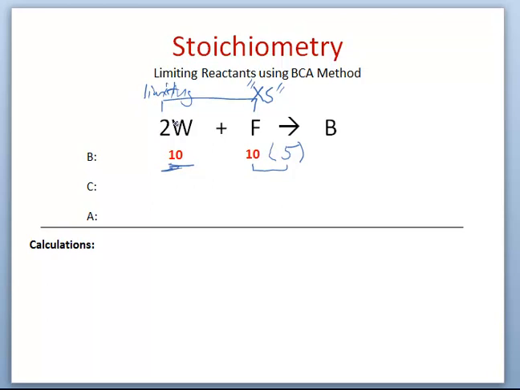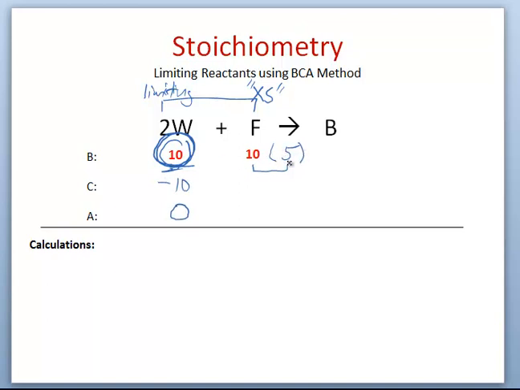Okay, and if the wheels are limiting, then this is the compound that we're going to use to determine all of the other amounts. Okay, and by definition, if the wheels are limiting, we will use all of them up during the course of the reaction, so there will be 0 wheels at the end. We will have run through all of those.